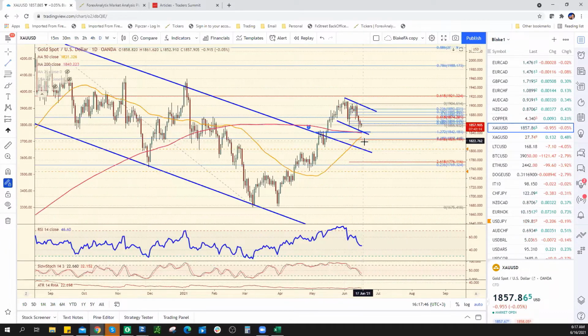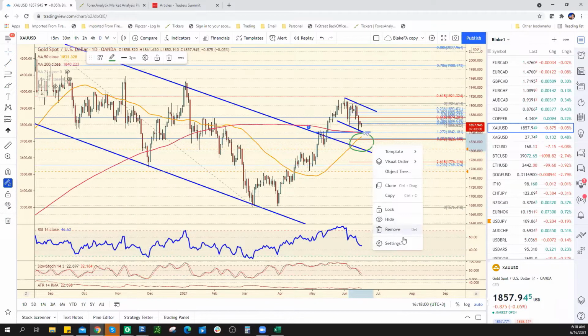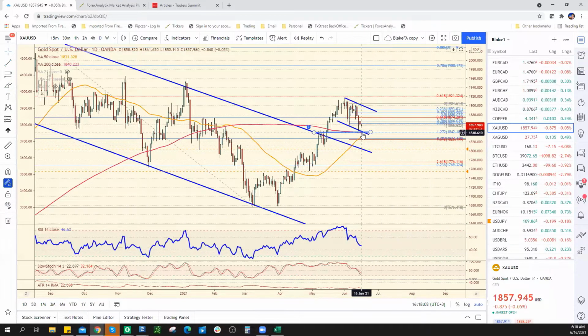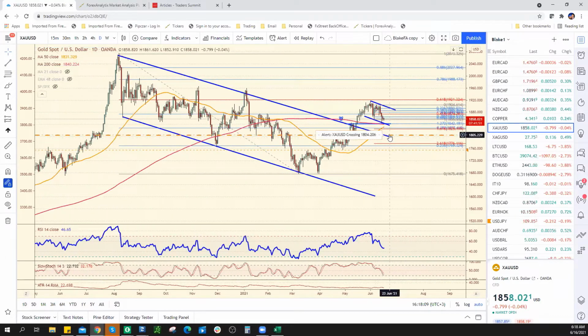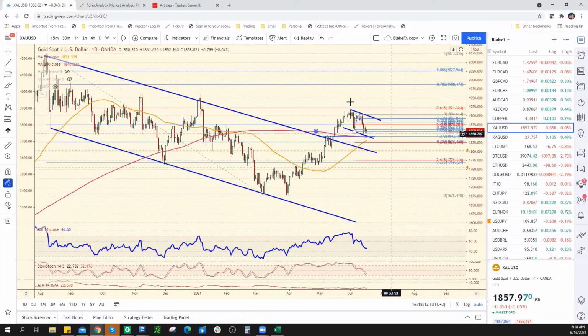But the problem that we have here in gold is if we break through the 200-day moving average, we could really see a 40 pip drop pretty quickly, right? So I'm not going to just put in 1845. I'm going to put in 1800, excuse me, which I might actually do a little bit more than that. Hold on.